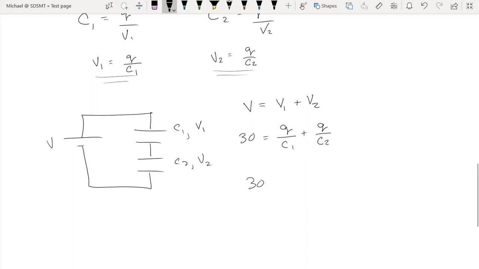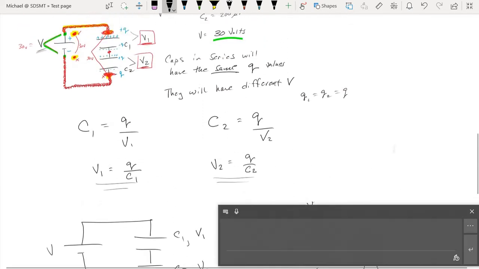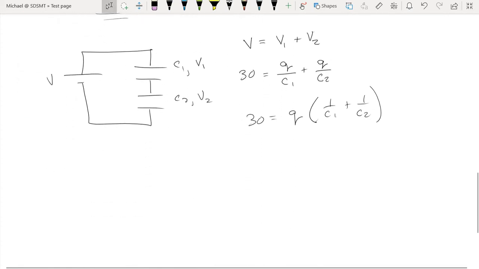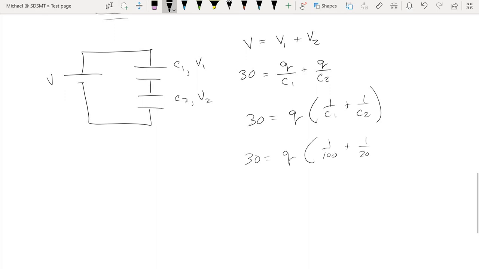And from here, we can factor out the unknown charge. We can plug in the values of each capacitor, 100 and 200 respectively. 1 over 100 plus 1 over 200. That's going to result in 3 over 200.